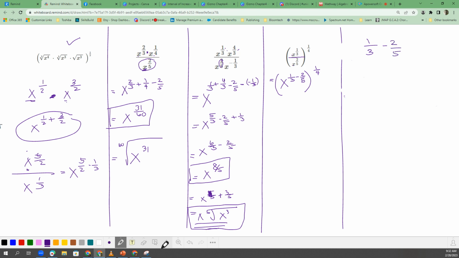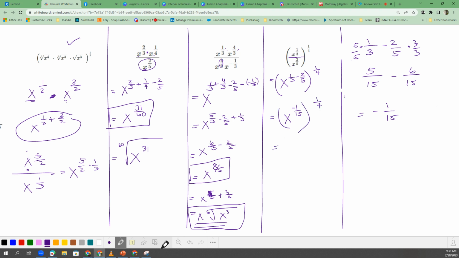The common denominator is 15, so I divide this one by 5 over 5 and this one by 3 over 3. This is 5 and that's going to be 6, so this is negative 1/15. So this becomes x to the power of negative 1/15, with the subtraction done on the side, all to the power of 1/4.